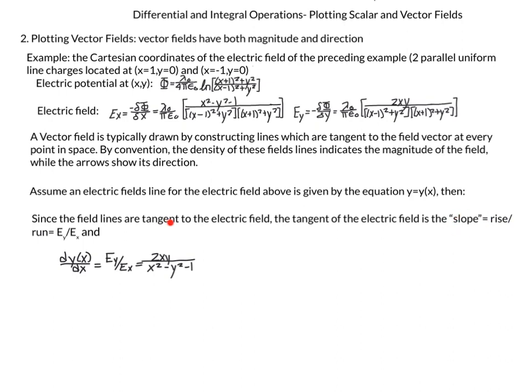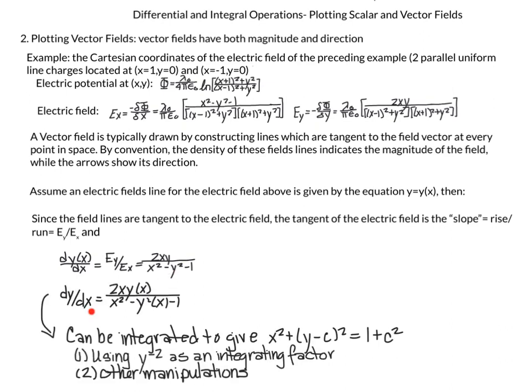That is, the tangents are going to be E_y over E_x. So if this is our electric field and our field lines are tangent, then we want the slope of y, and the slope is rise over run. So we have E_y over E_x, and fortunately the denominators cancel out, and we're left with 2xy over x squared minus y squared minus 1.